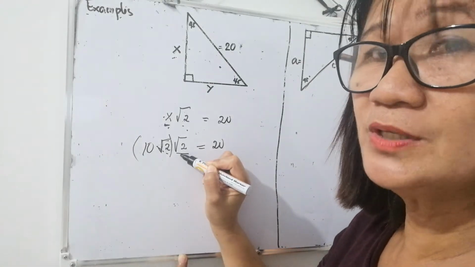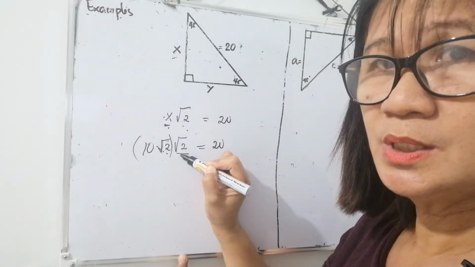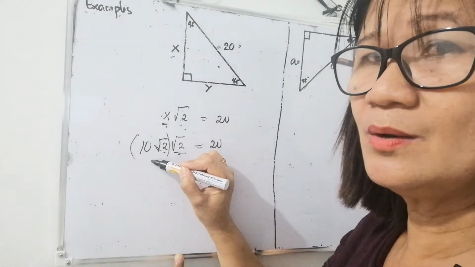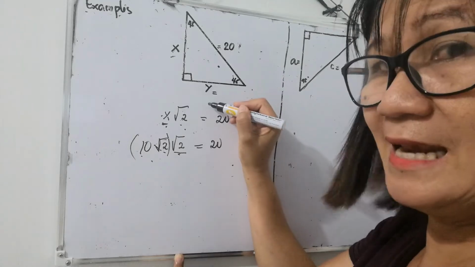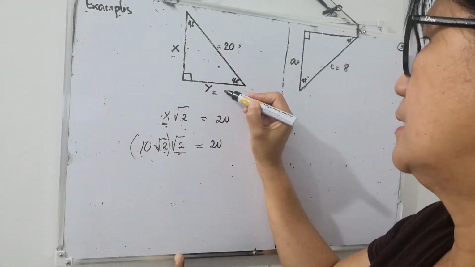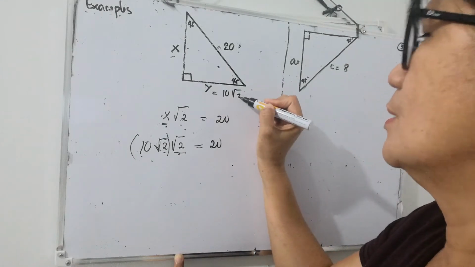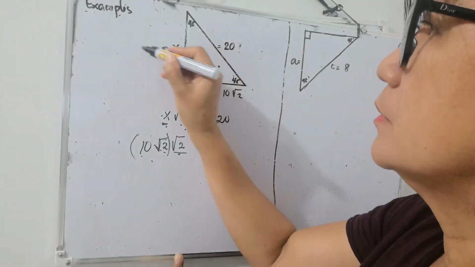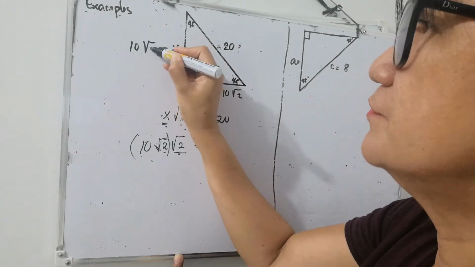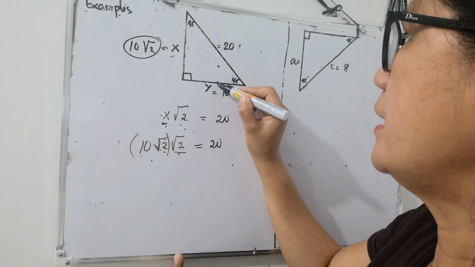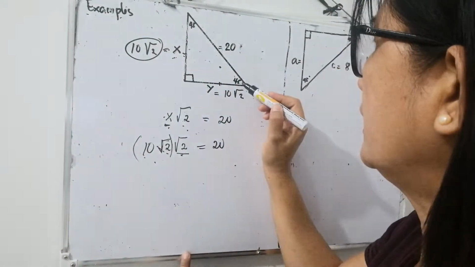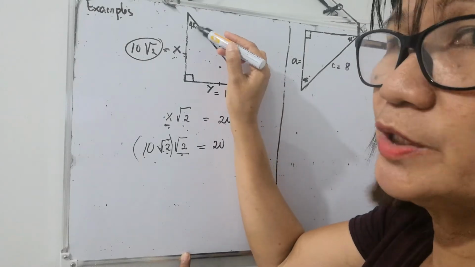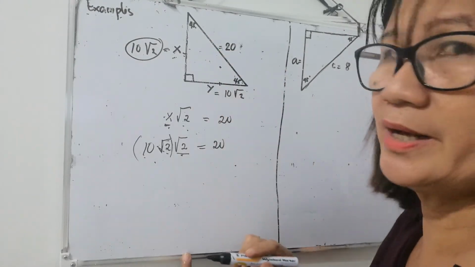And the square root of 4 is equal to 2. So 2 times blank will give us 20. So that is 10. Therefore, this leg measures 10 the square root of 2. Ganon din ito. 10 the square root of 2. Yan. Because they are congruent. Ma'am, how do you know they are congruent? Kasi nakalagay dyan, 45 degrees, 90 degrees triangle.